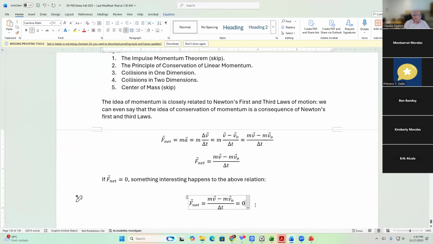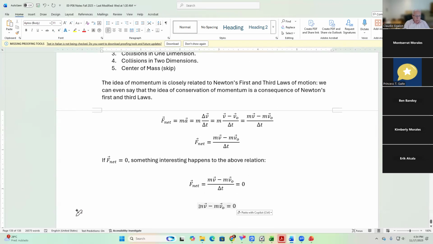Not only that, but we can also say that what you see right in here is going to be equal to 0 as well.